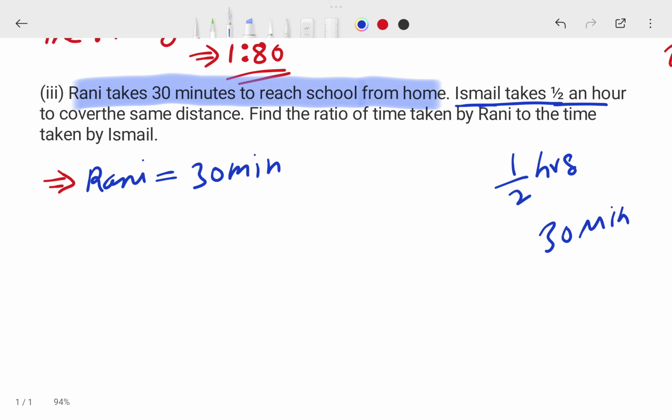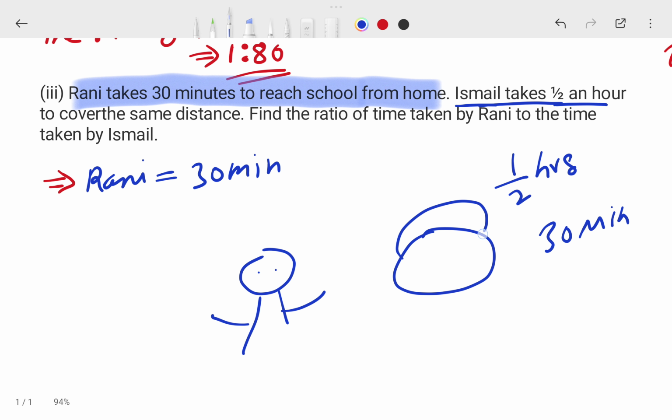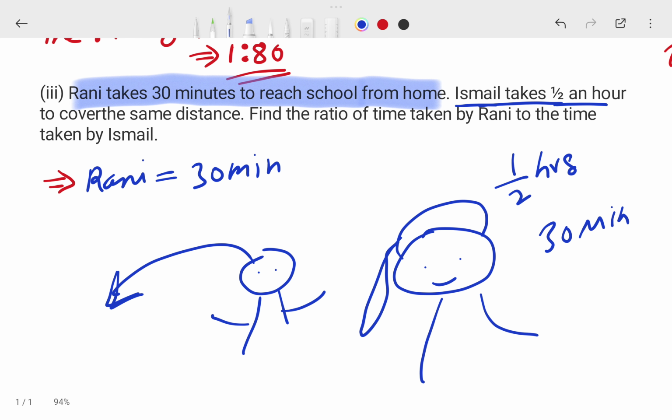Let's suppose you are a boy and this is a girl. What will happen if you are going to school and you are late?